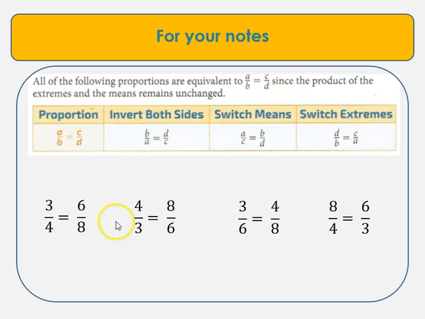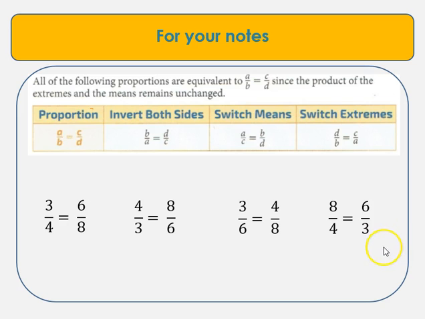Now you can switch the means, which are the two numbers 4 and 6, and you can switch them by just putting the 4 over here on the top and the 6 on the bottom. But guess what? The proportion still remains the same. It's 24 equals 24. And now you can switch the extremes. The a and the d portion, the 3 and the 8, now become 8 and 3, and the proportions remain the same. 24 equals 24.